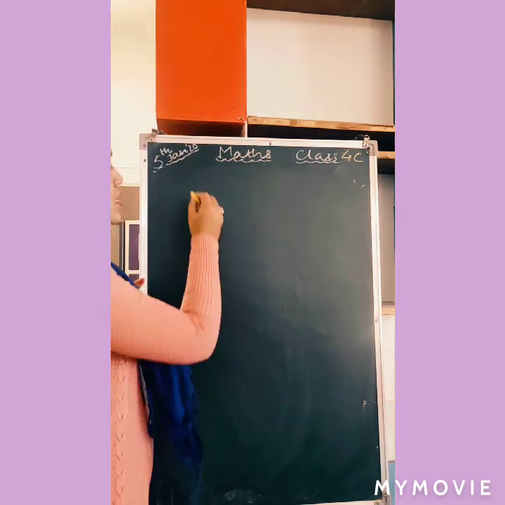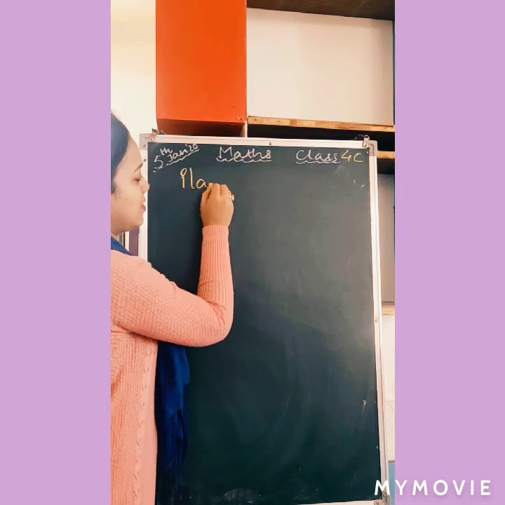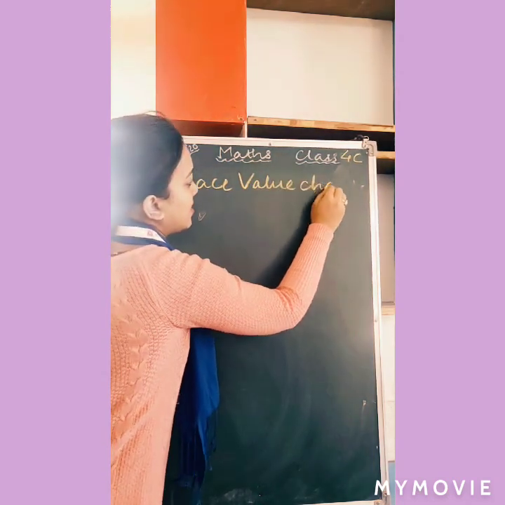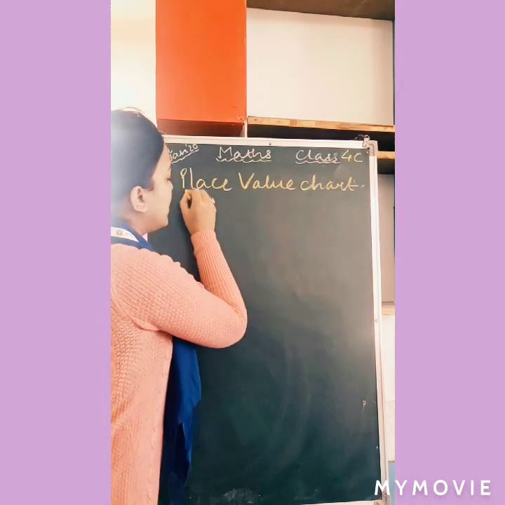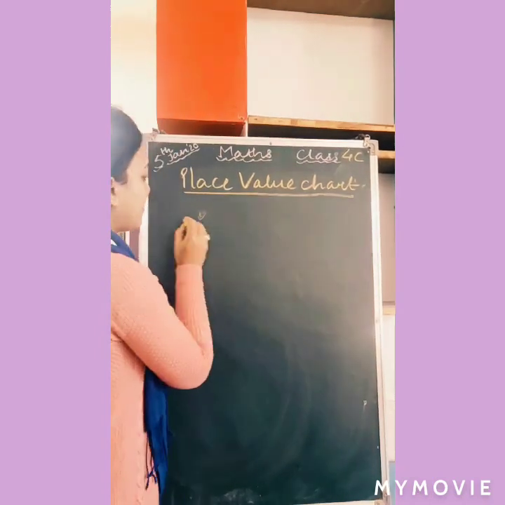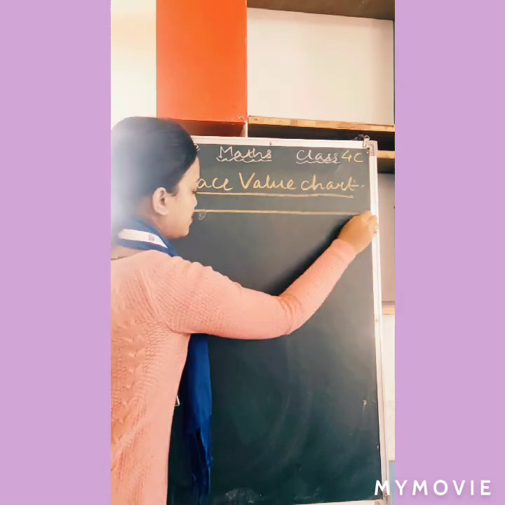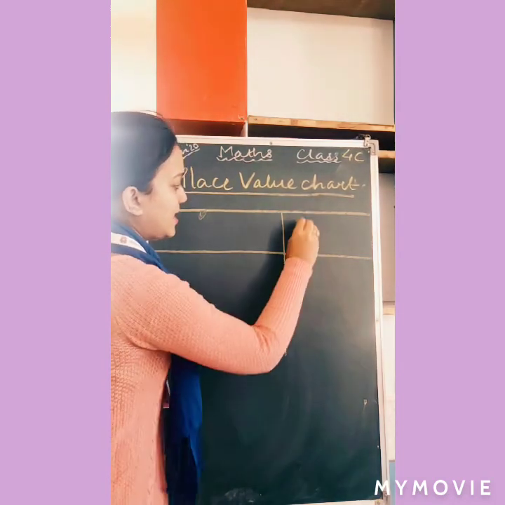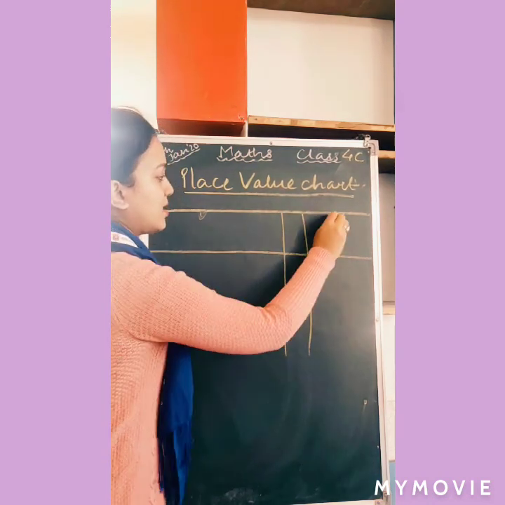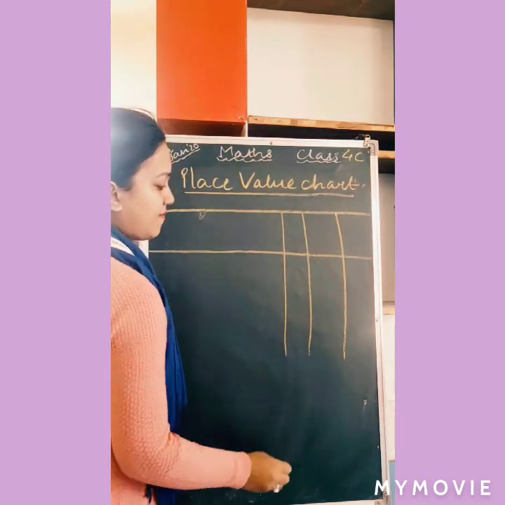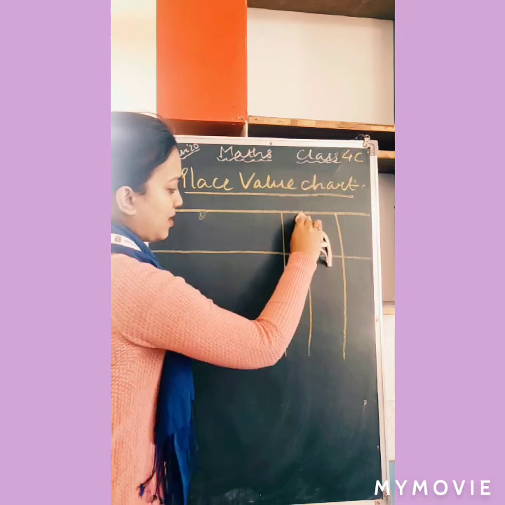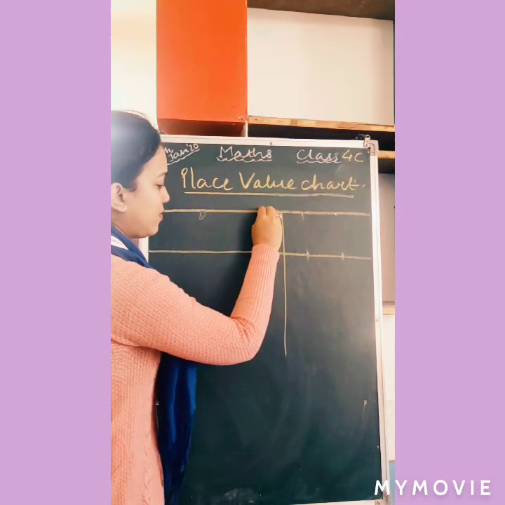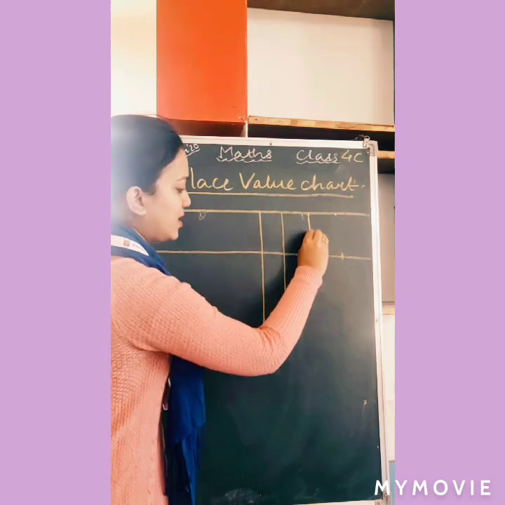The place value chart in case of decimal will be in this way. Suppose my decimal point is here.